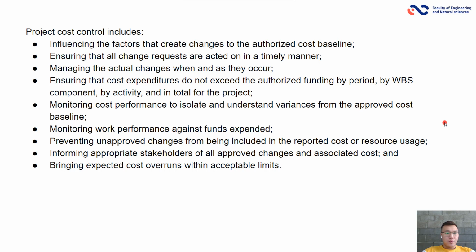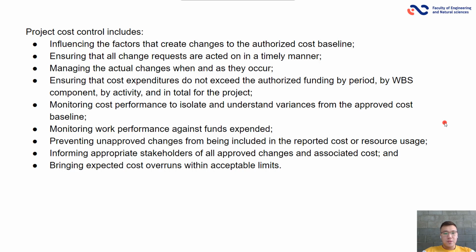Project cost control includes influencing the factors that create changes to the authorized cost baseline, ensuring that all change requests are acted on in a timely manner, managing the actual changes when and as they occur, ensuring that cost expenditures do not exceed the authorized funding by period, by WBS component, by activity, and in total for the project.